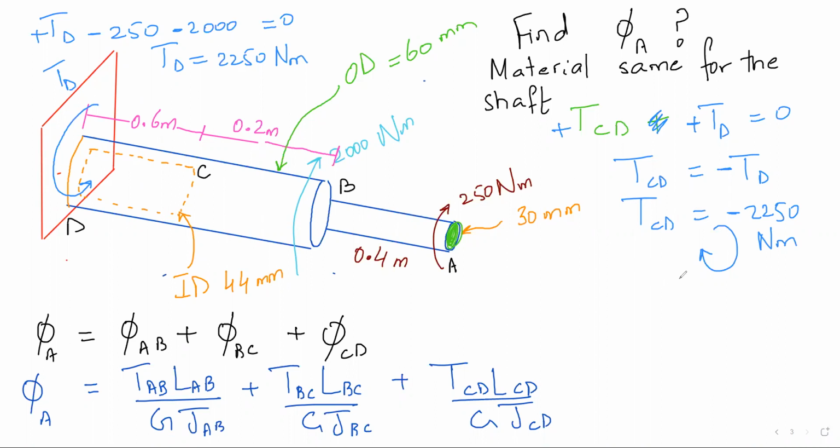Now I will proceed, and similarly, let's talk about the second, T_CB. Again, I will cut from here and throw this chunk away.